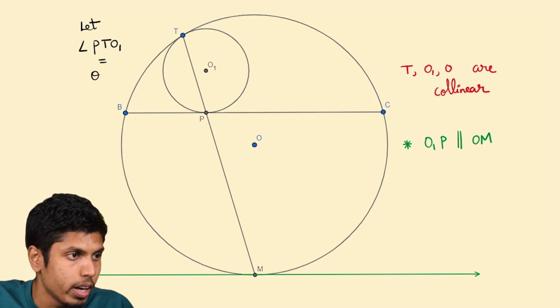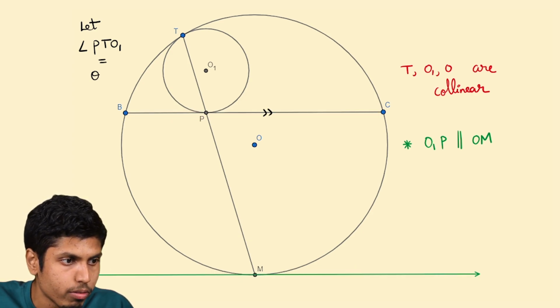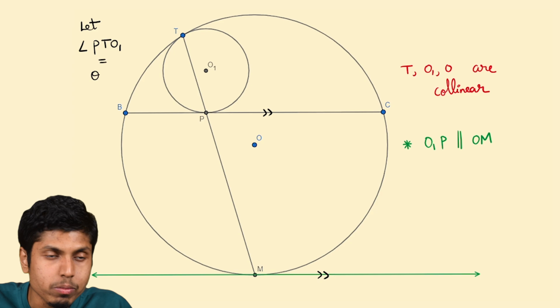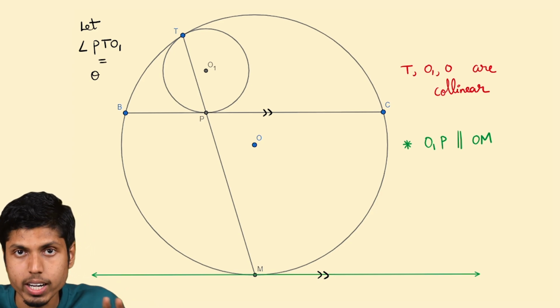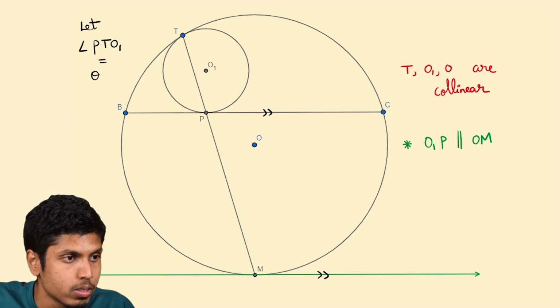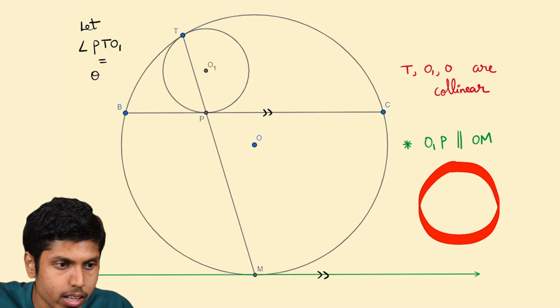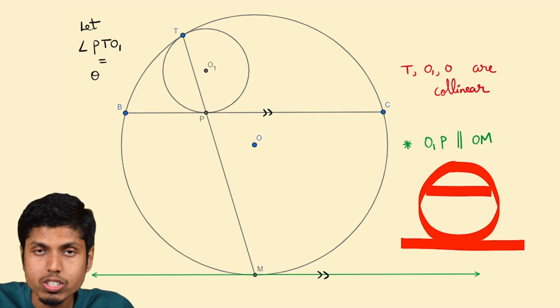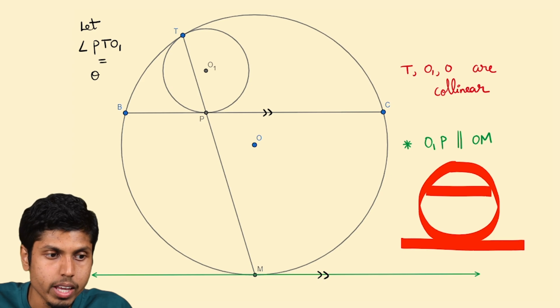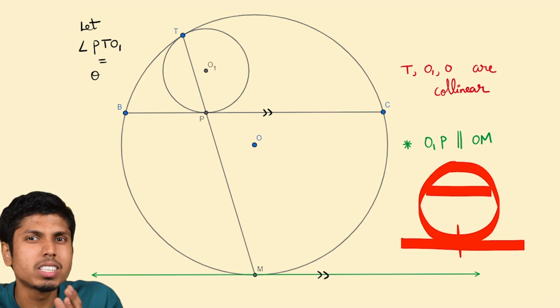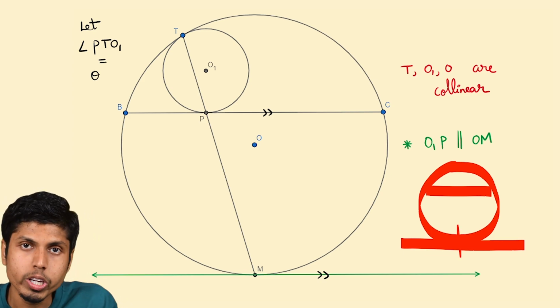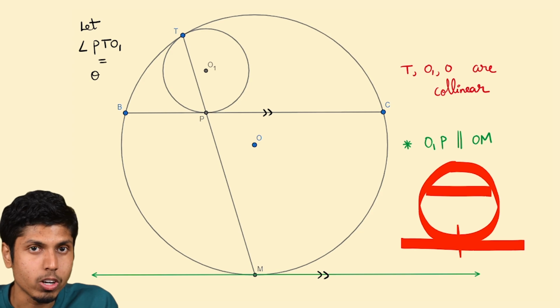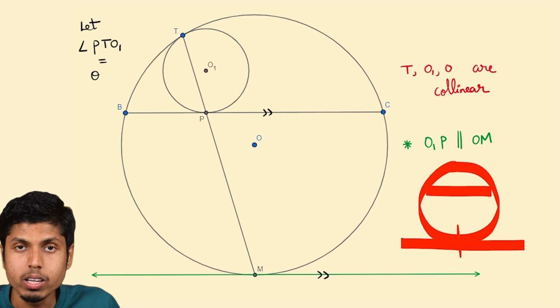So, intuitively, you might get a reason why M is the midpoint of arc BC, not containing T. You could see that in any circle, if a chord is parallel to a tangent at some point on the circle, then that point must be the midpoint of the arc by symmetry. Now, we are going to take forward the argument in a rigorous way.